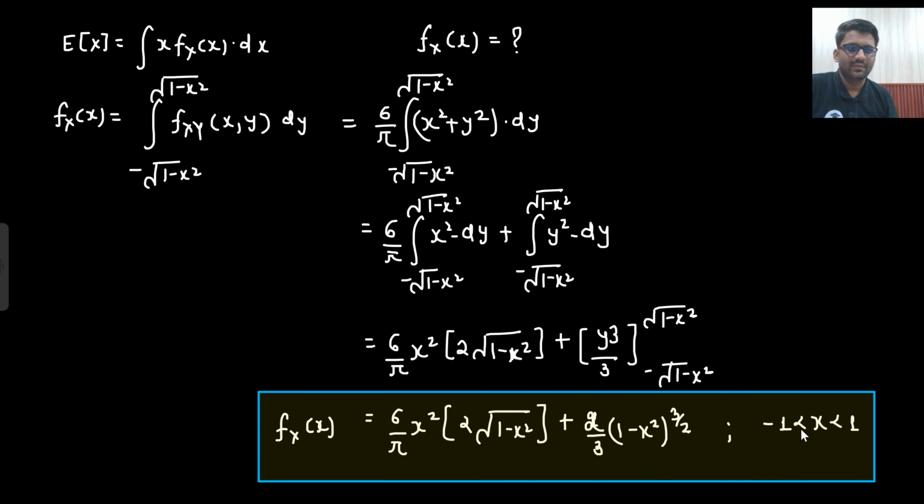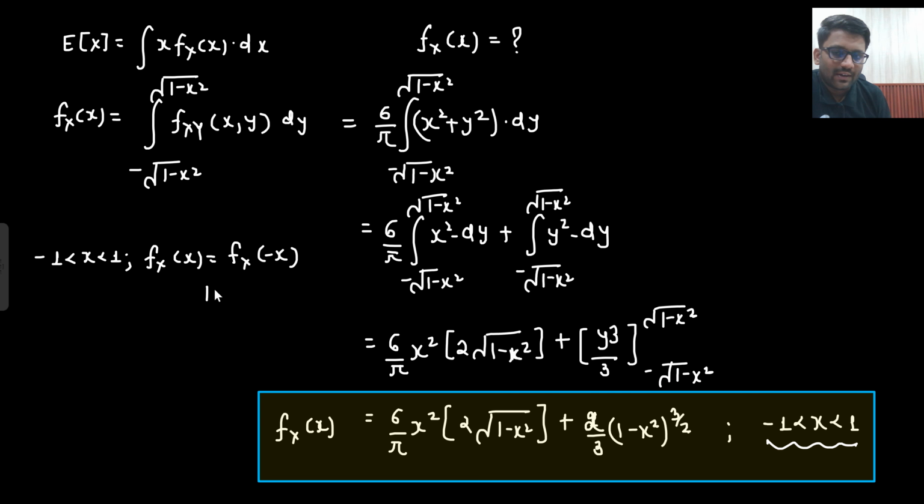In this particular limit, your fx of x is even. When your x is between minus 1 to 1, at that time your fx of x is even, and if it is even, then its expectation will be equal to 0. There you go.